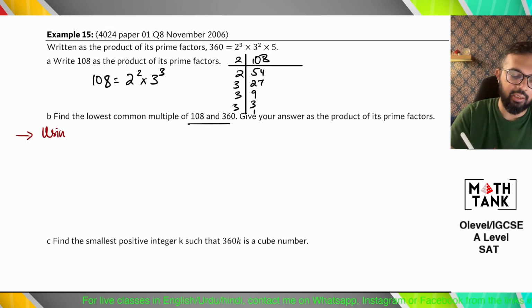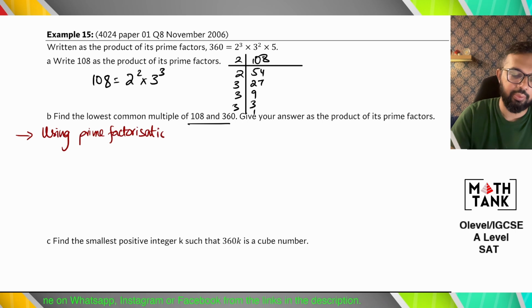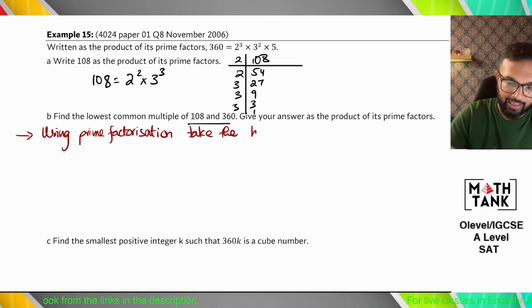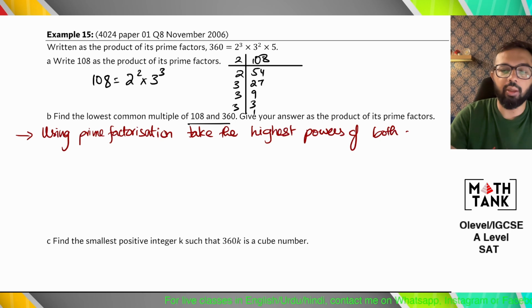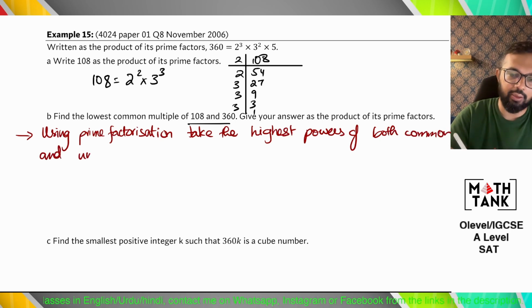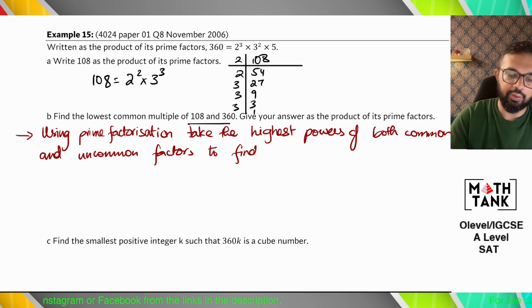Using prime factorization, take the highest powers. Now, previously we were taking the lowest powers. Highest powers of both common and uncommon factors to find the LCM.